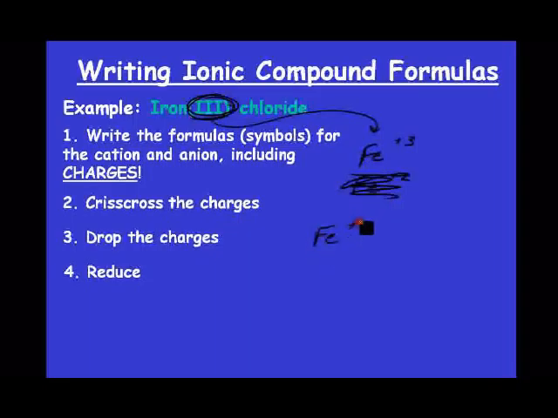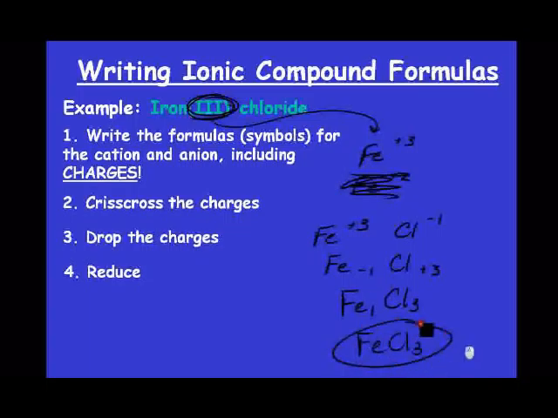So we have Fe plus 3, Cl minus 1. Crisscross the charges, Fe minus 1, Cl plus 3. Drop the charges, Fe, Cl3, and reduce to FeCl3.